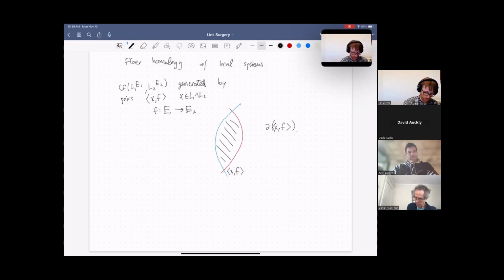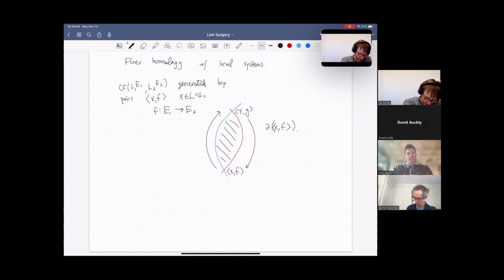And let's say this disk goes from this intersection point X to Y, and the output morphism G is going to be, basically, you just go counterclockwise, composing maps along the boundary of the disk to get G.